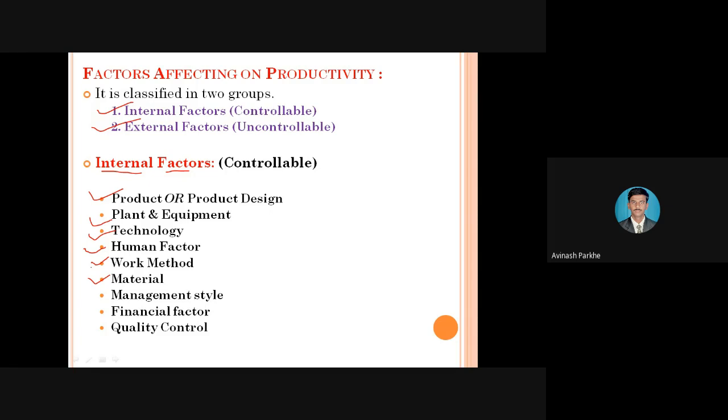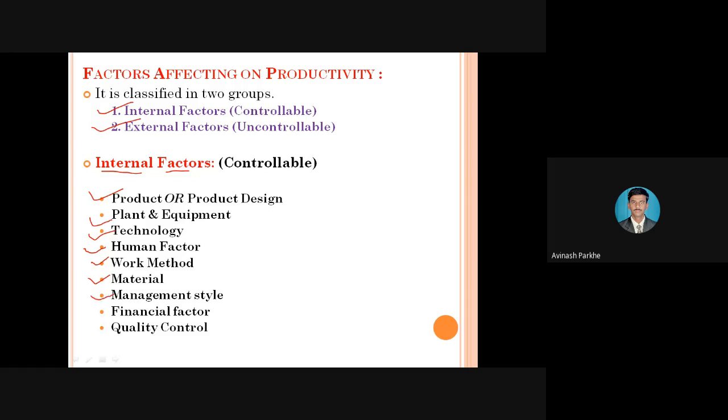Therefore this material is also one of the internal factors, and it is controllable, which is in your hand. How much material is available in the industry plays a very important role in order to increase the productivity.